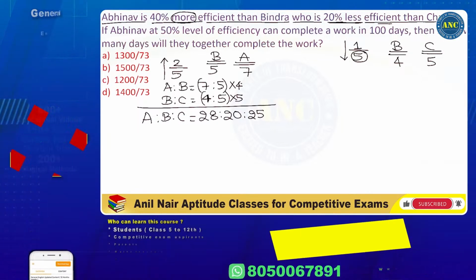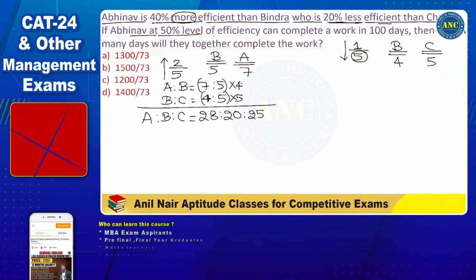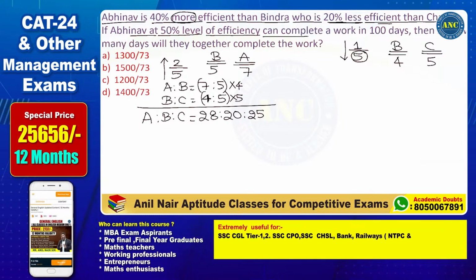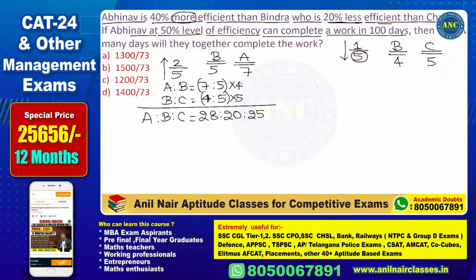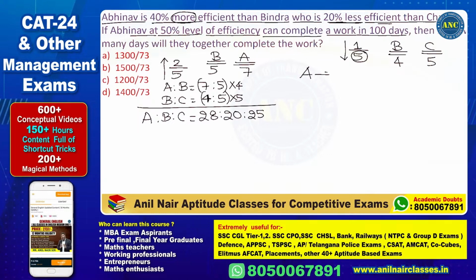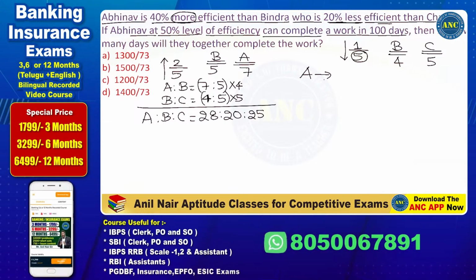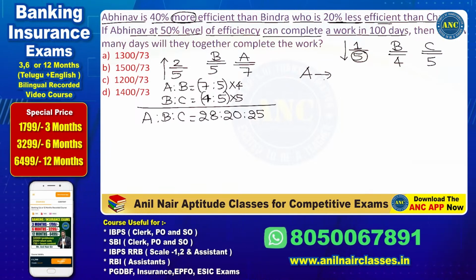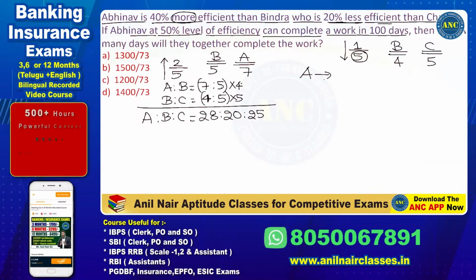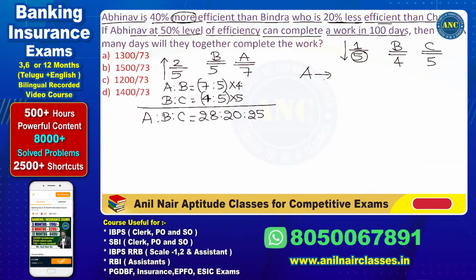Beautiful. Next, if Abhinav at 50% level of efficiency can complete a work in 100 days, that means Abhinav has some capacity. Suppose assume that I can distribute 10 chocolates in a day. I am just giving an example. My capacity is 10 chocolates in a day.